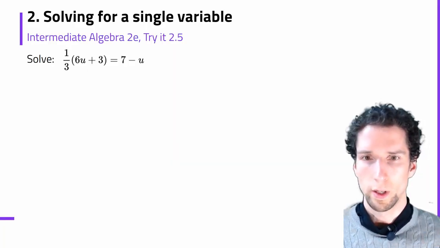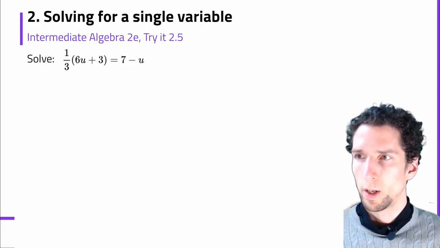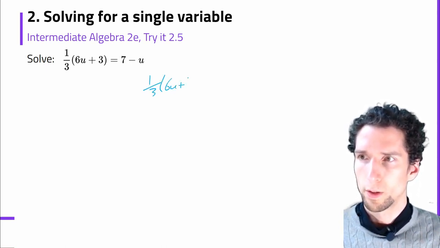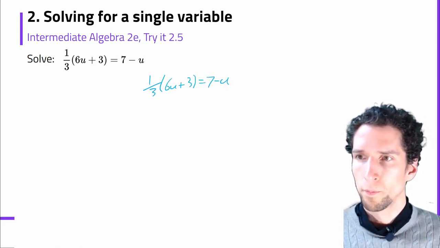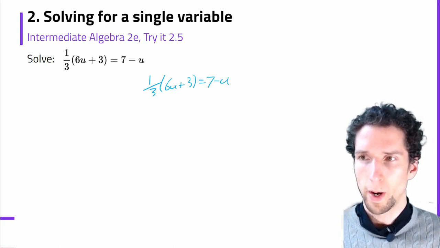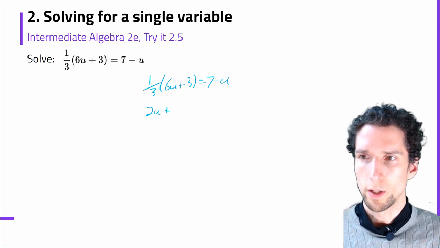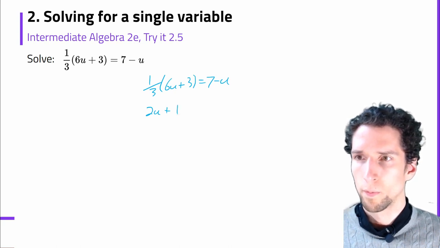Let's do one at a more regular speed here. I'm going to rewrite this in the middle: 1 over 3 times 6u plus 3, equals 7 minus u. All right, so I'm expanding the brackets here. 1 over 3 times 6 is 2, 2u, and 1 over 3 times 3 is 1.